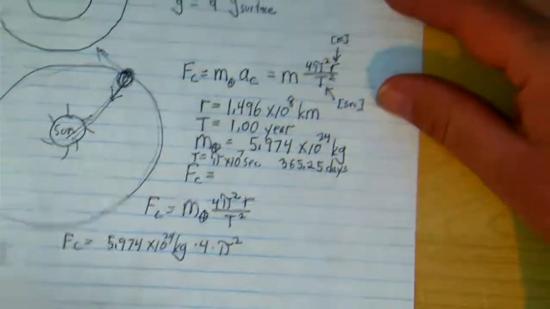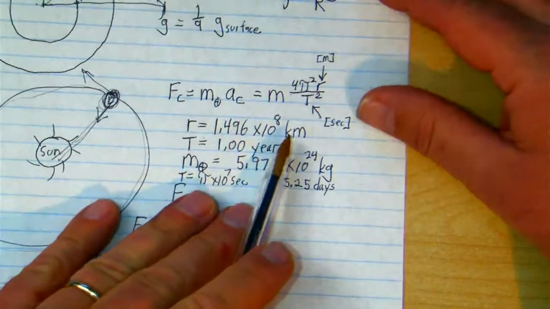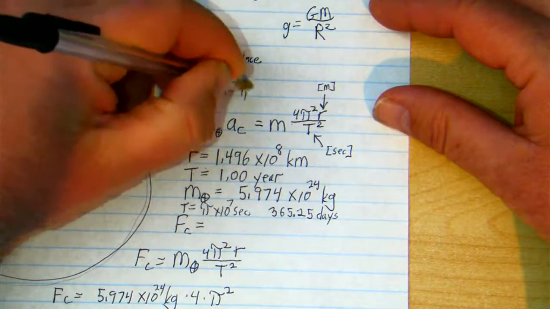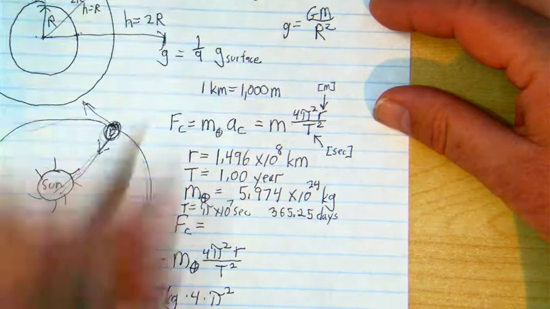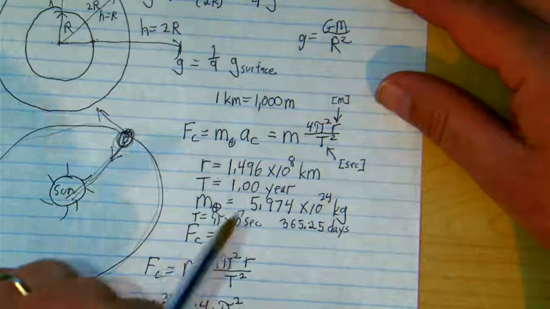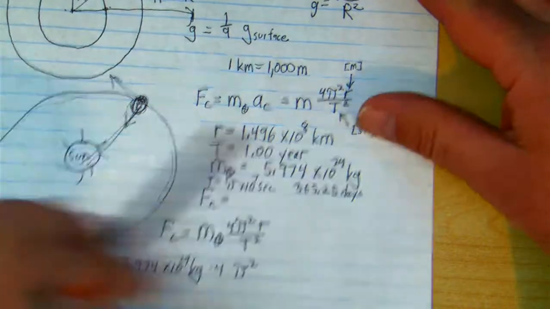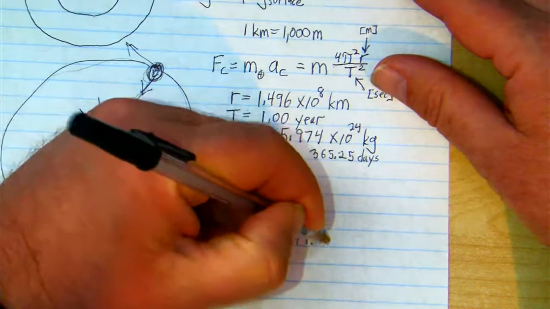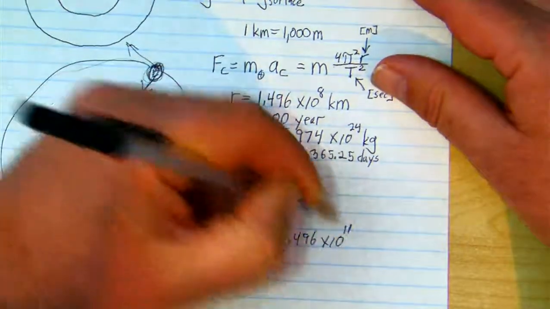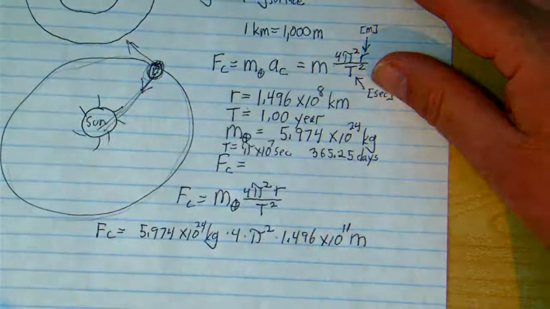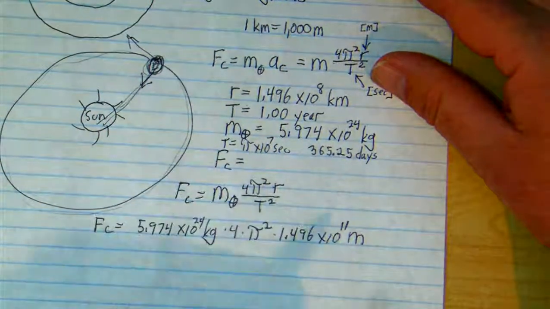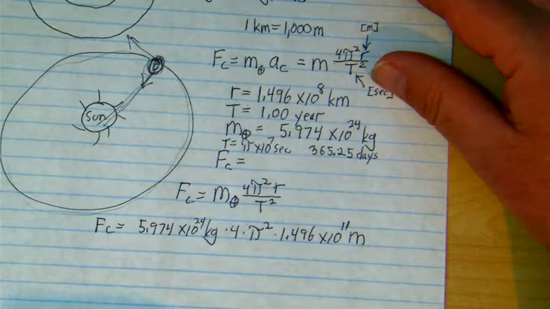For the radius of the Earth to go from kilometers to meters, I recall that 1 kilometer is 1,000 meters. So this 10 to the 8th kilometers becomes 1.496 times 10 to the 11th power meters. I have to go up in my exponent by 3 orders of magnitude.